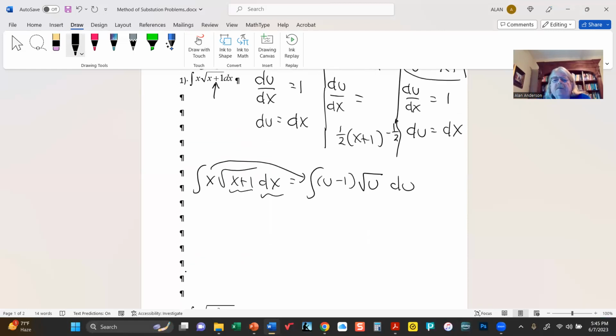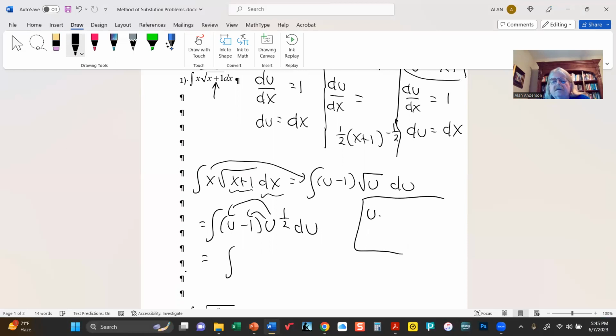This one we can multiply it out. By the way, I'm going to write this as u minus 1 times u to the 1/2 power. Now, of course, I can multiply this by both of these terms. U times u to the 1/2 power equals u to the 1 plus 1/2, or the 3/2 power.